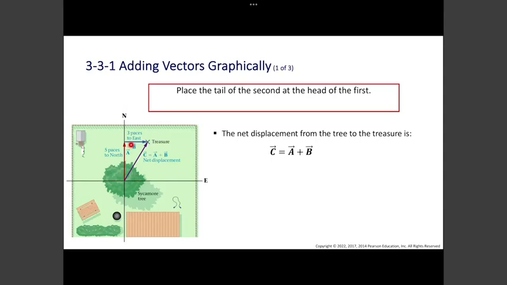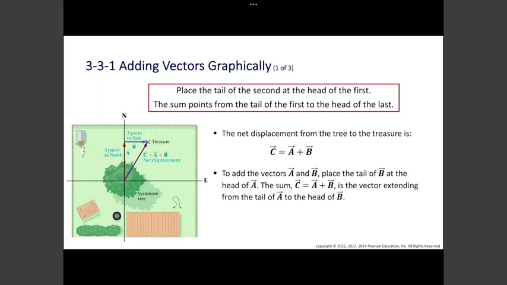In here, the second vector is vector B. So place the tail of the second vector at the head of the first vector A. And then the sum points from the tail of the first vector, which is at the origin, to the head of the last vector. So the sum points from the tail of the first vector to the head of the last vector.